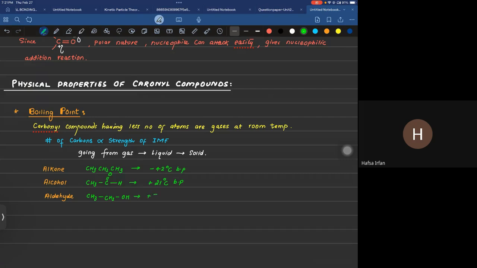Do you see its boiling point? The boiling point is set. Now you can compare: the alcohol has the highest boiling point. Why? Let me tell you that your alkane has only London forces. London force means temporary dipole, or dispersion force, which is the weaker force as compared to the others.